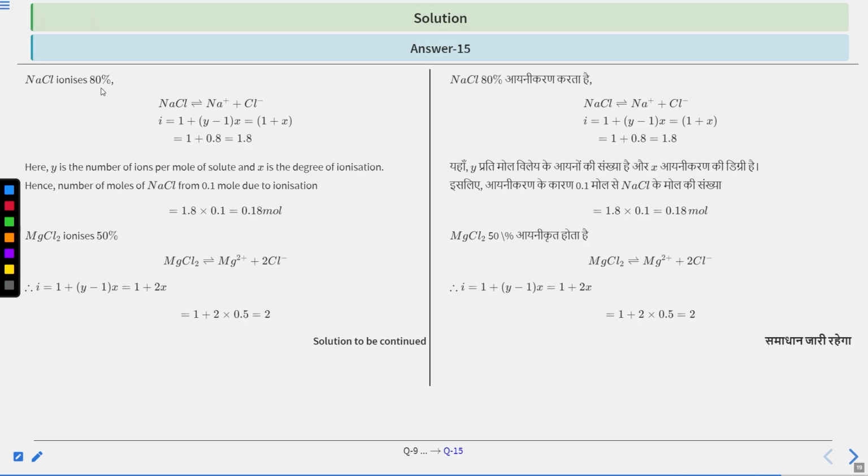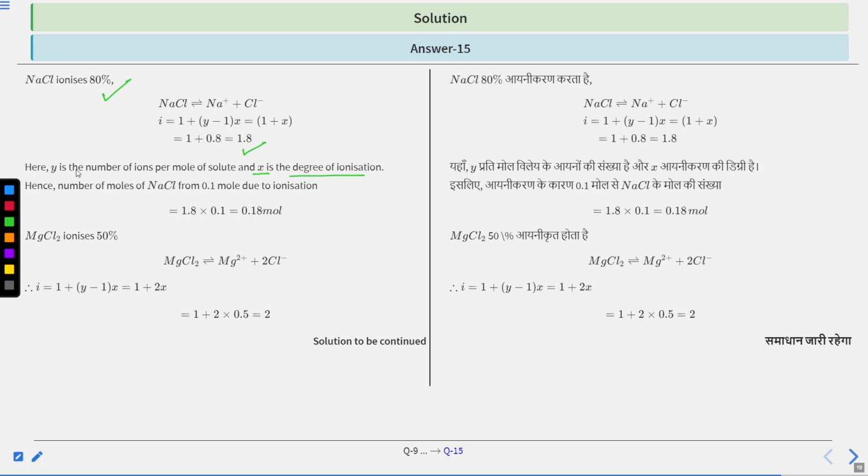So NaCl is given as ionizing 80%. NaCl will give Na⁺ plus Cl⁻. So i will be equal to 1 plus (y minus 1) times x, which equals 1 plus x, where x is the degree of ionization. As NaCl ionizes 80%, it is 1 plus 0.8, which equals 1.8. So i will be equal to 1.8.